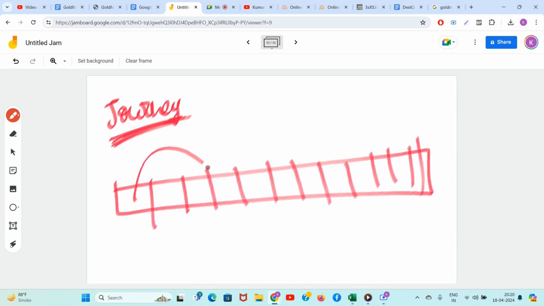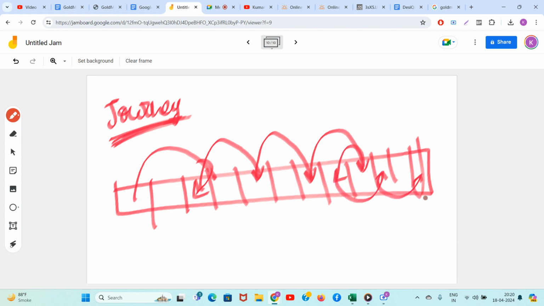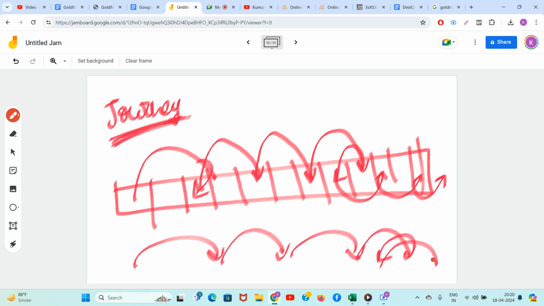You will make a plus 2 jump here, then plus 2 here, then plus 2 here, in general plus 2 here. Then say you go one step backwards, then again plus 2 here, then again plus 2 here, then again plus 2 here. So guys, it is plus 2, plus 2, plus 2, plus 2, one time backwards, then again plus 2, plus 2, plus 2.